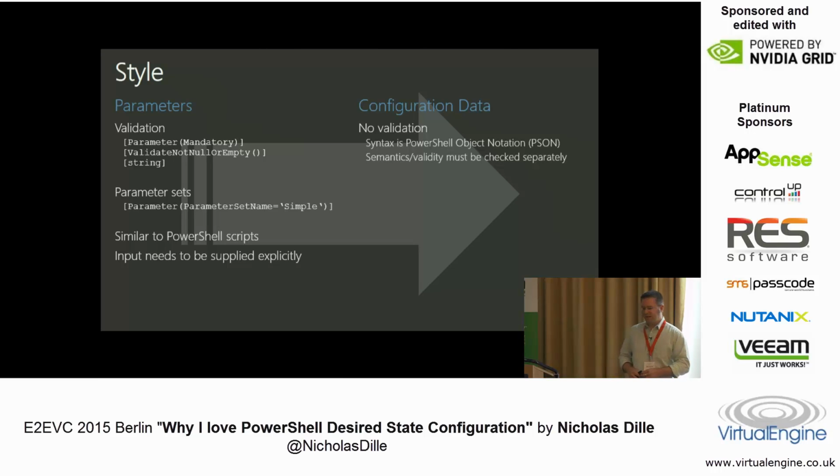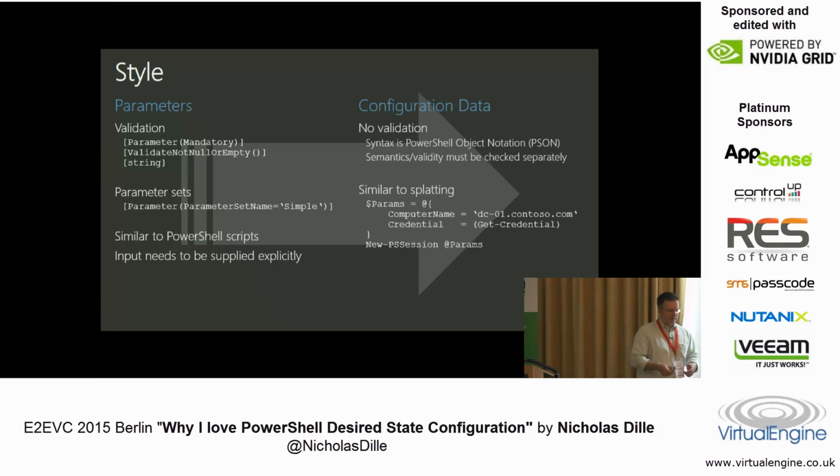So the great thing about configuration data is you have that large data structure. It defines the nodes, the parameters, and your configuration is able to pull all kinds of information from any part of this data structure. It's not as strict as using parameters, where you tell it to use a certain value for a certain parameter.